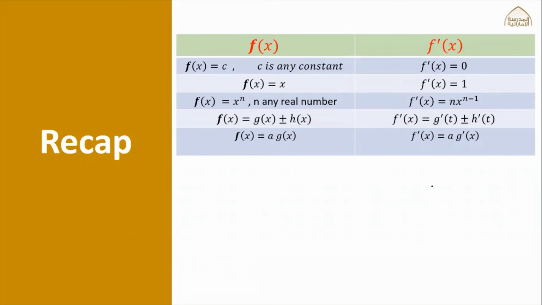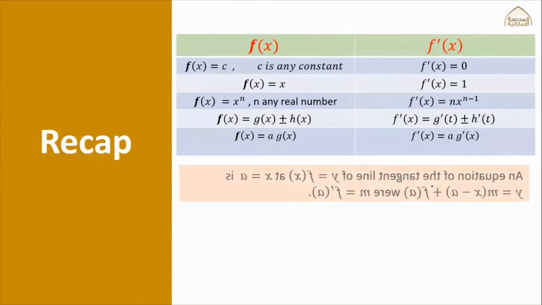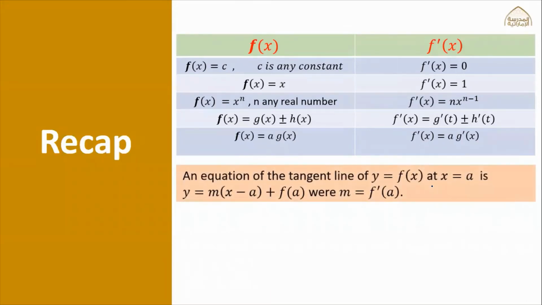And if f equals a times g of x and a is a constant, then f prime is a times g prime of x. Also, we talked about the equation of the tangent line. You must memorize this equation, please. Don't forget this: y equals m times (x minus a) plus f of a, where x equals a is the tangent point and m equals f prime of a is the slope.